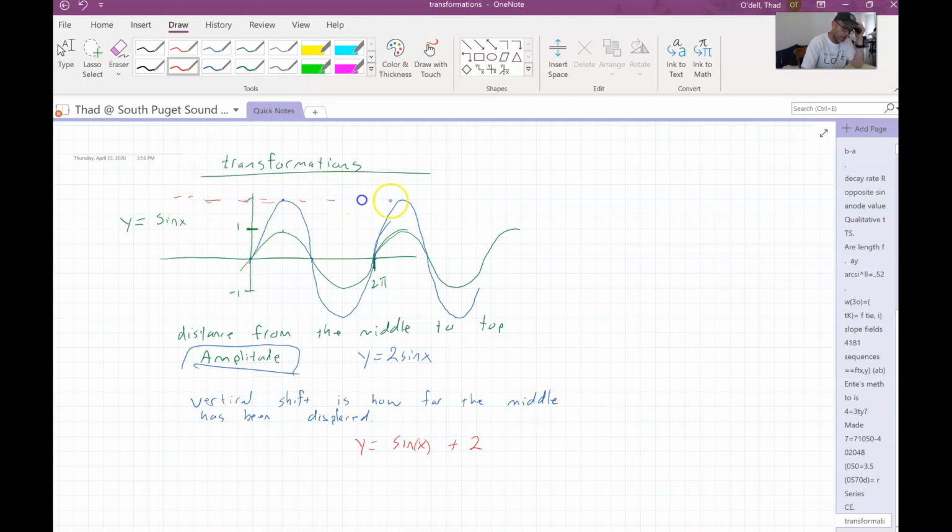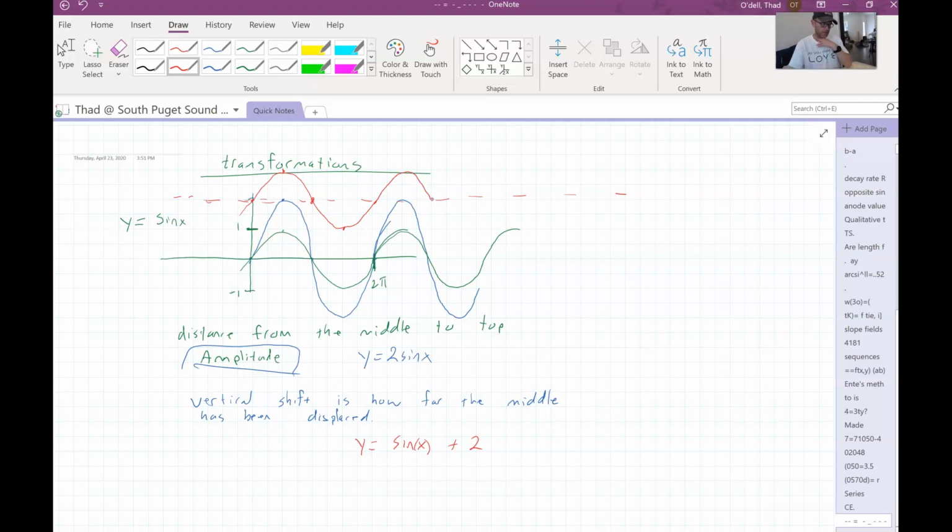So I'm going to draw this little line that goes along here. And in this case, notice the amplitude is still 1. So I'm going to go from here, go up 1, come back down to the middle, go down 1, and come back up to the middle. So my new sine curve is going to look something like this.